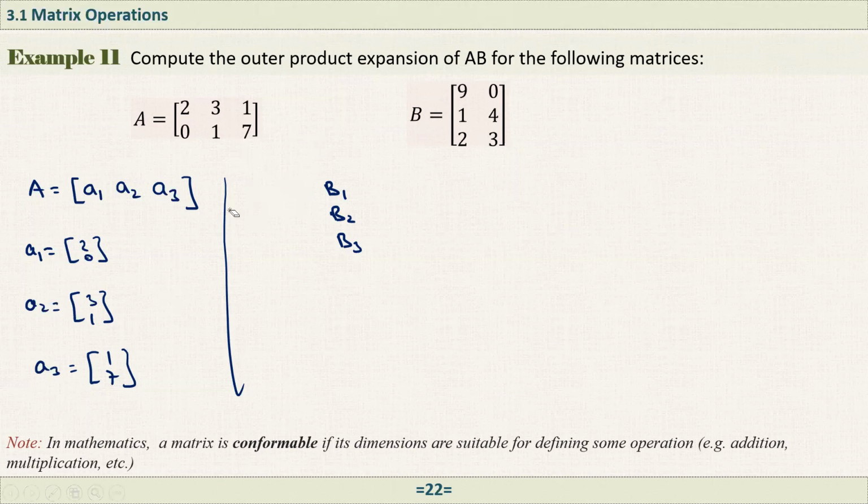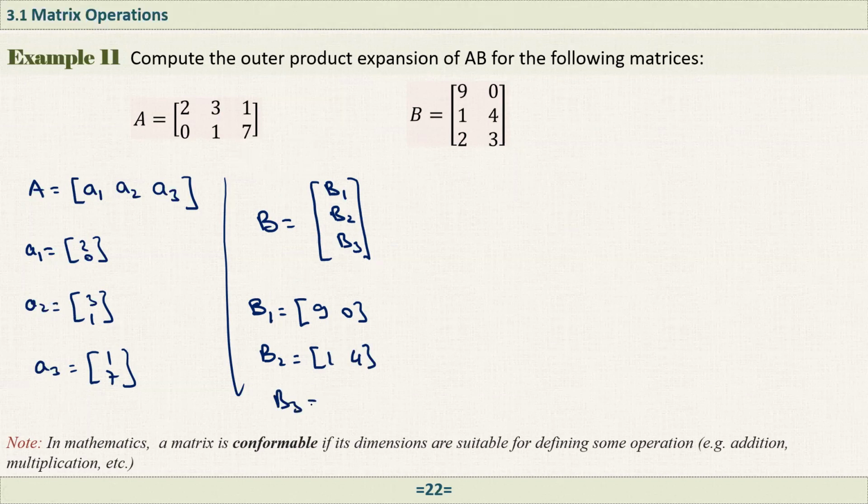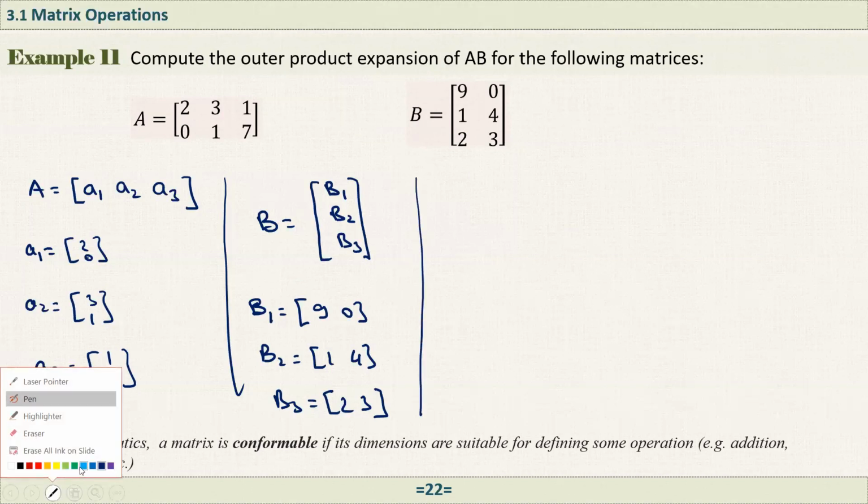Okay. So these are the rows of B, where B1 is the first row of this matrix, that is 9, 0, and B2, the second row, is 1, 4, and B3 is 2, 3, right?